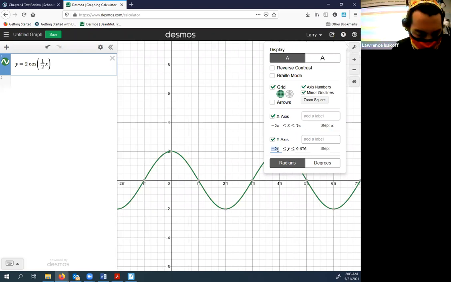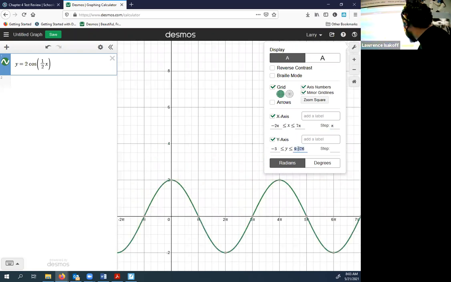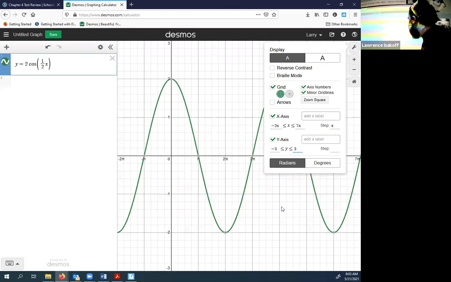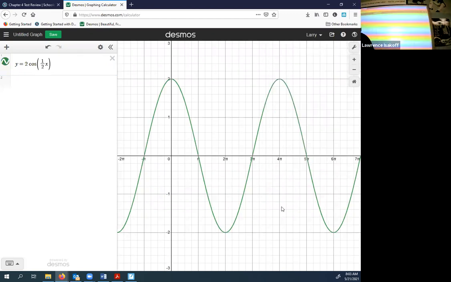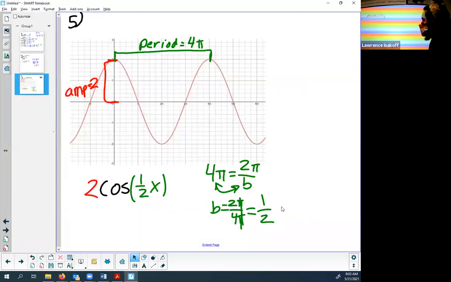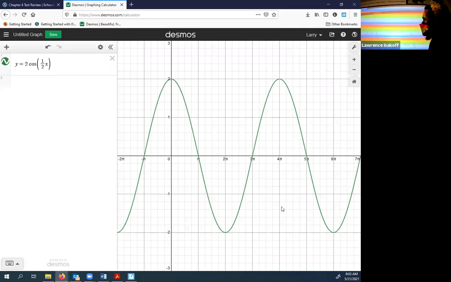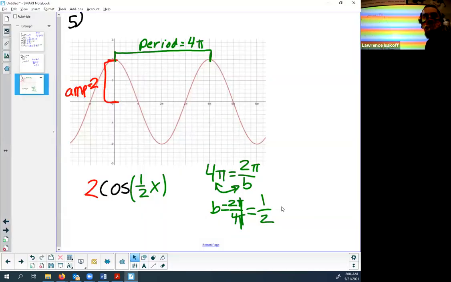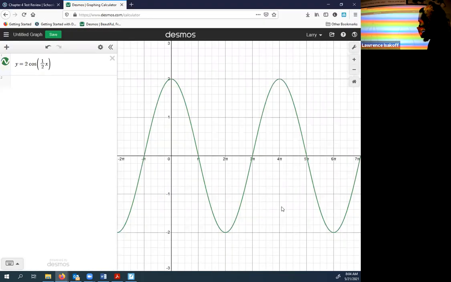And my y-axis went from -3 to +3. I rescaled this, and this is what I see. Let's take a look at our picture. Yeah, that's looking good, right? So that tells me my equation looks good.